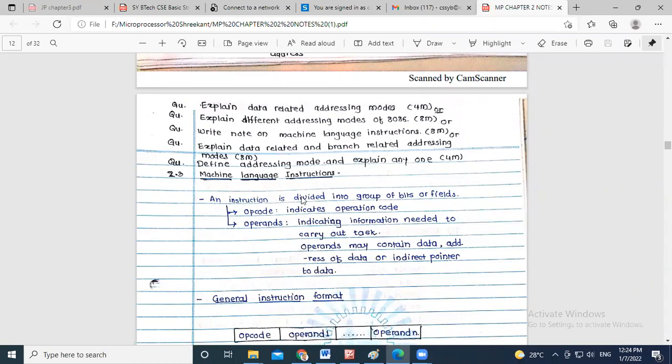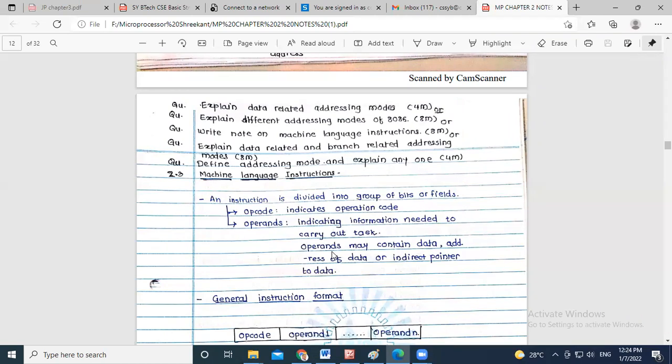Any value it may contain is nothing but an operand. Sometimes the memory location also we call an operand, to perform all the arithmetic and logical operations. Whatever is used for a particular task in the operation, those are nothing but operands.